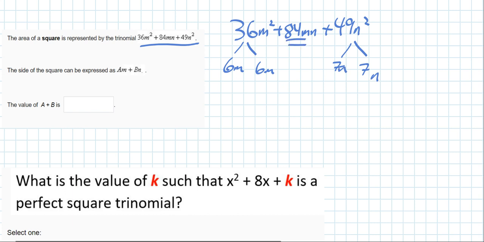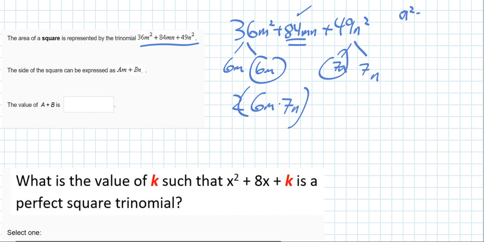Our middle term just needs to be double the, so if I take 6m times 7n, so one of these guys and one of those guys, and double it, that should be my middle term. Let's check. So 6 times 7 is 42. 42 times 2 is 84. And with an m and an n in there, yes, this does fit into our a squared plus 2ab plus b squared kind of mold.